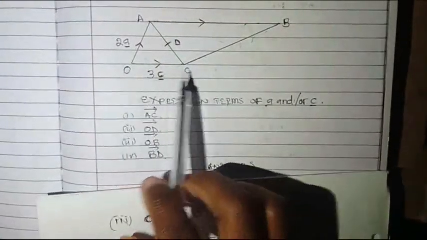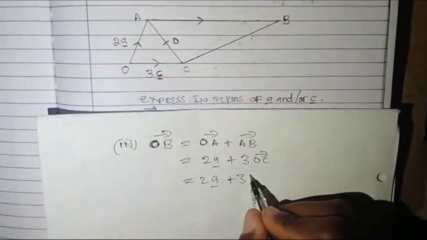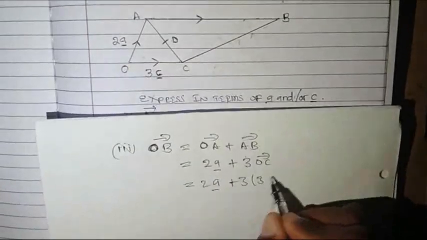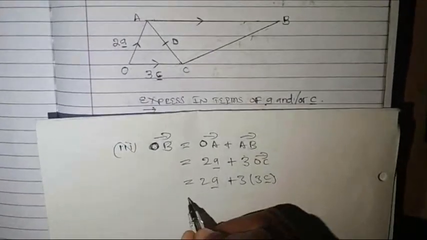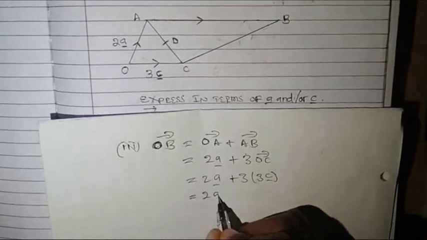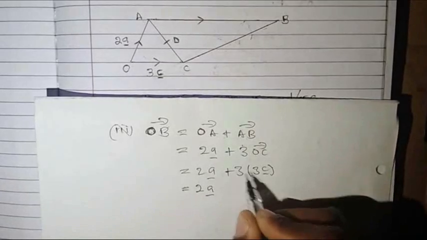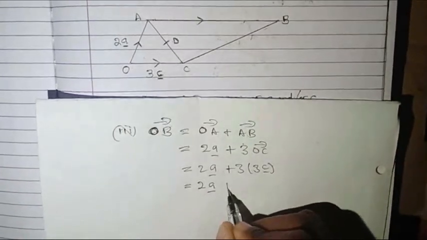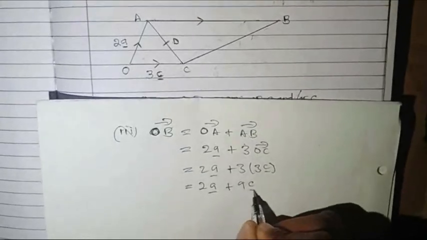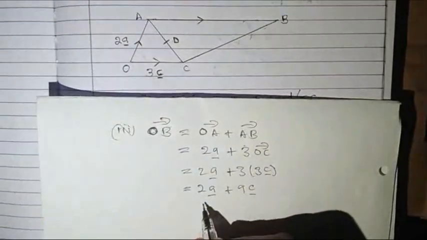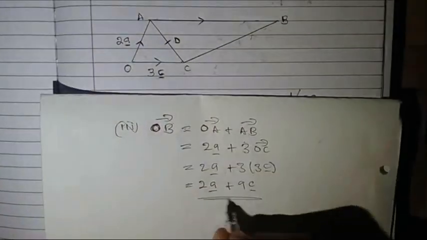Because of the diagram, OC is just 3c. So it's just a matter of multiplying it with a scalar, and 3 is that scalar. What is 3 times 3c? It's going to equal 9c. So we have solved our question right here.